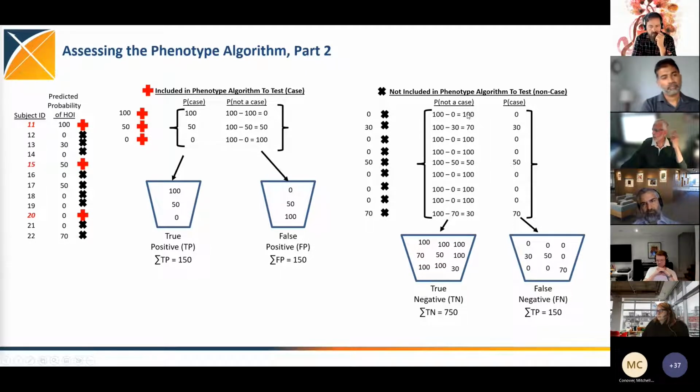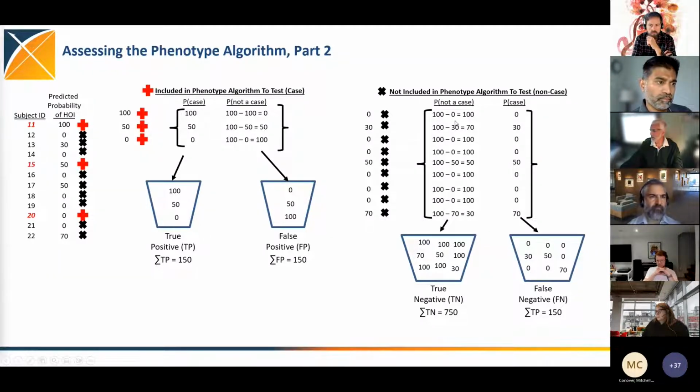Somebody who has a 30% probability of being a case has a 70% probability of not being a case. 50% probability of being a case, 50% probability of not being a case. You use these numbers to bucket and become the true negatives and the false negatives.